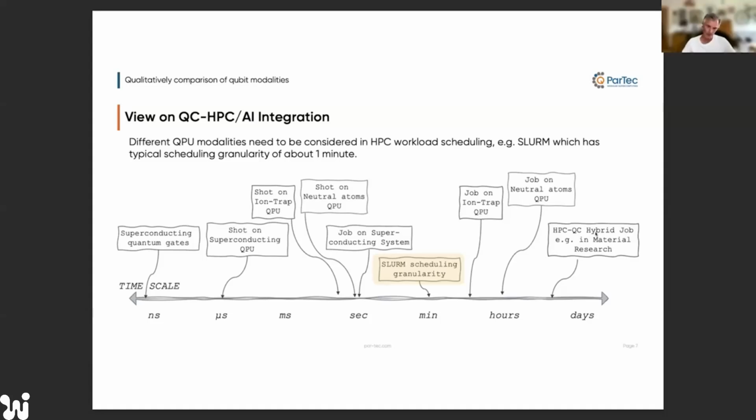So there must be some changes on the application level to accept this. The other kinds of quantum computers, with different technologies like ion trap or neutral atoms, have different physical characteristics, and this has to be adapted as well if you want to use different kinds of quantum computers in such an environment.